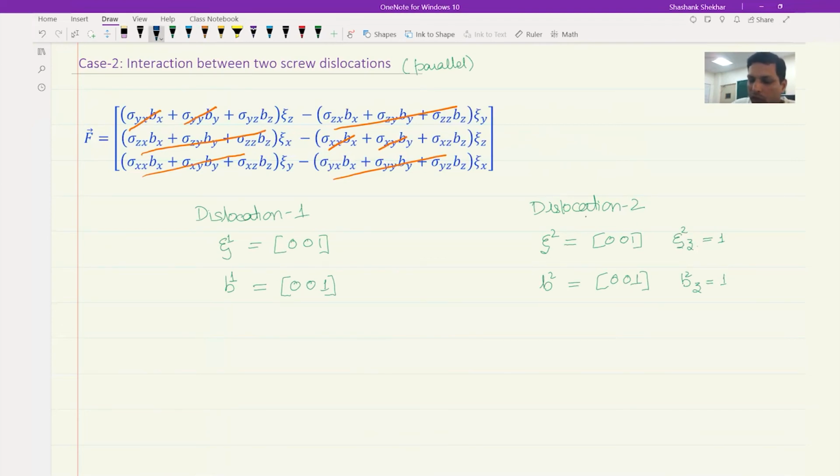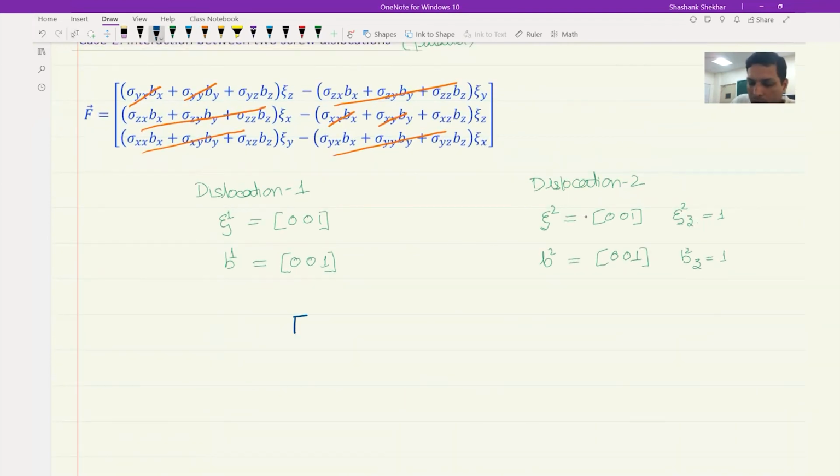And what we are left with is F. And remember, this is a vector, so there are 1, 2, 3 quantities here. Sigma yz, b_z, e_z, and I will put the superscript 2 to distinguish the fact that it is the Burgers vector and line vector for dislocation 2.